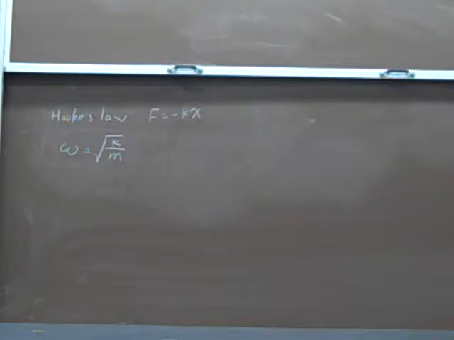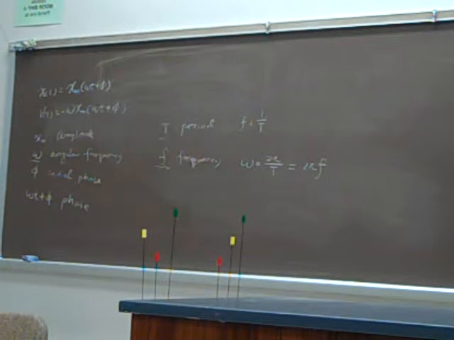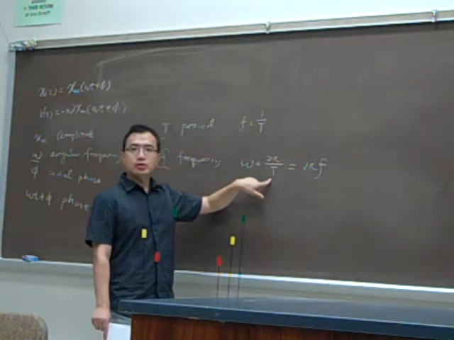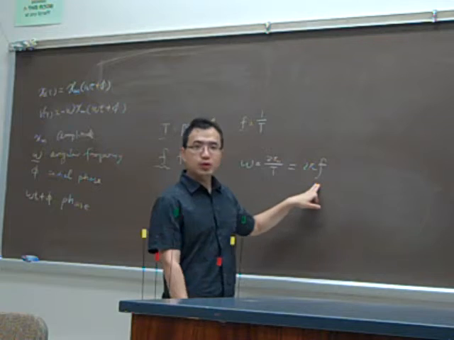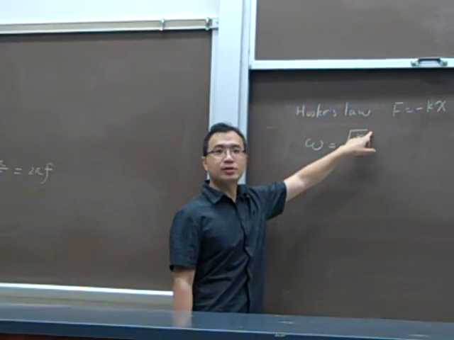If you look at these things together, one comment is that omega plays a very important role because it's related to many other quantities: the period, the frequency, the mass and the spring constant.